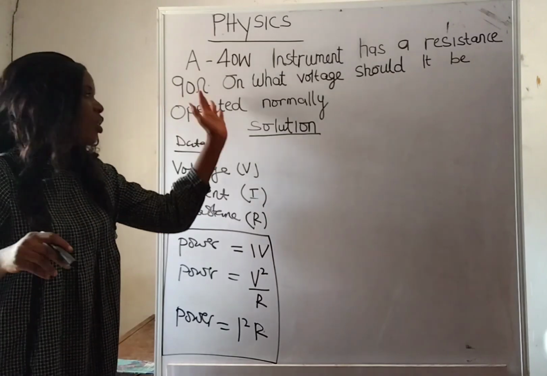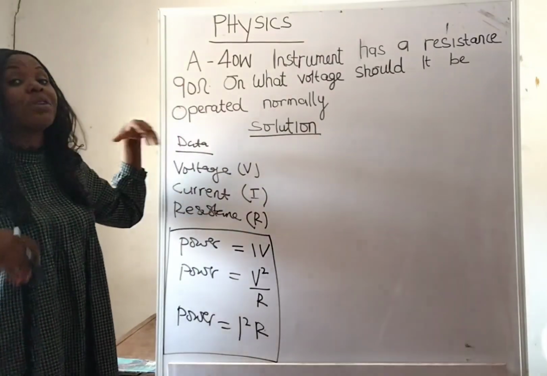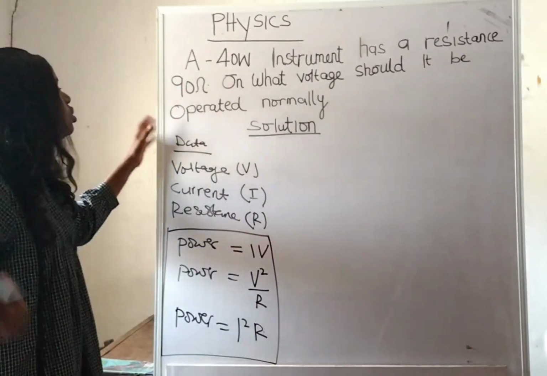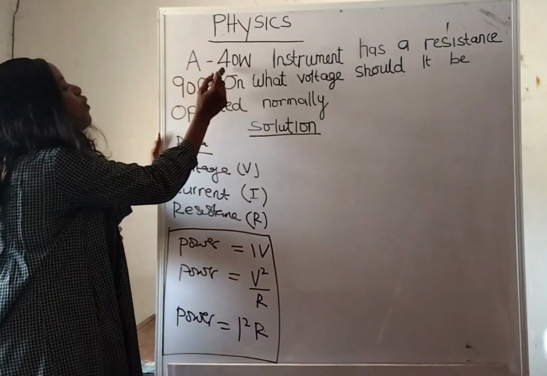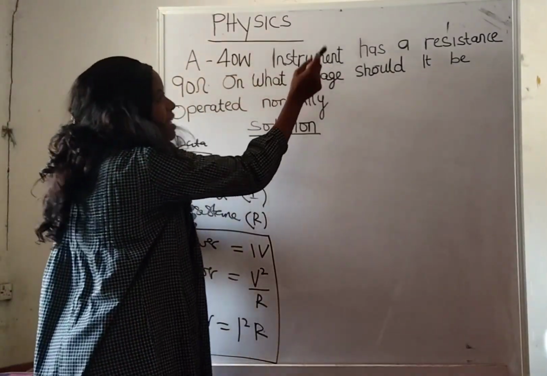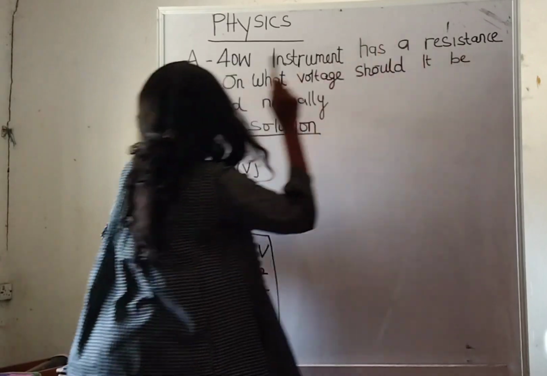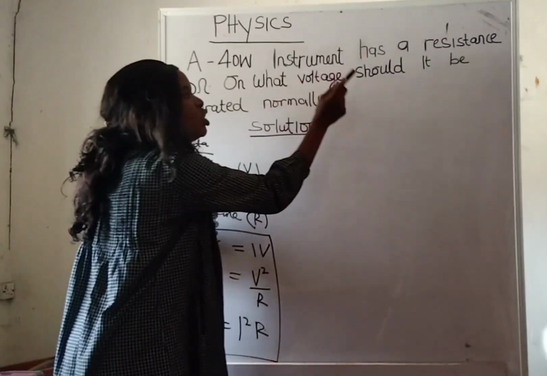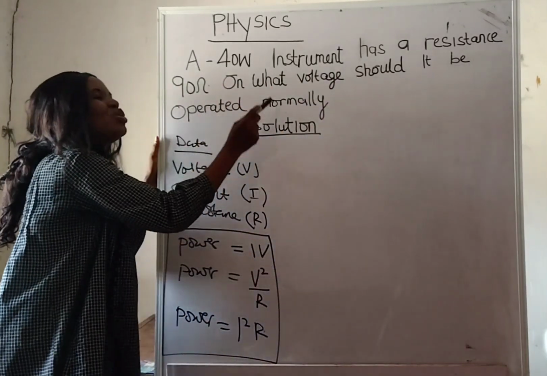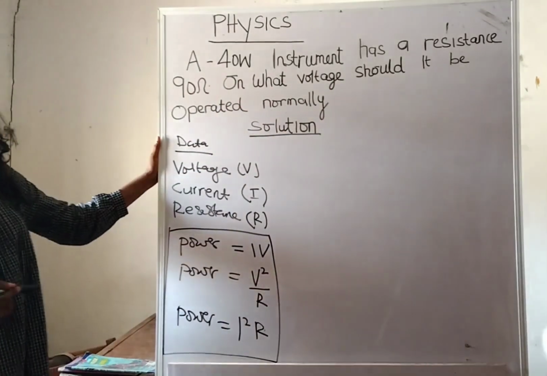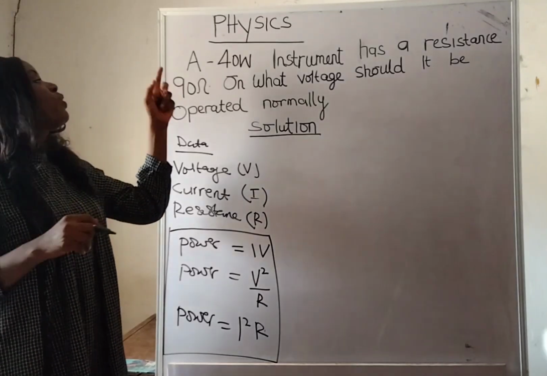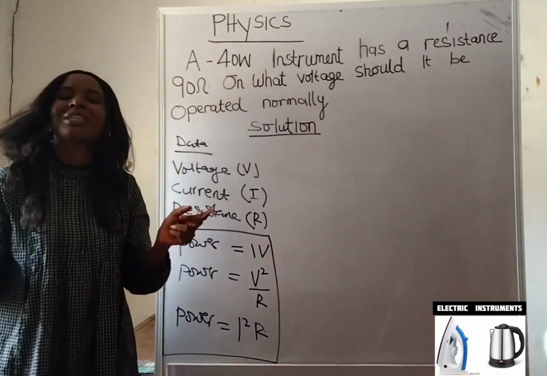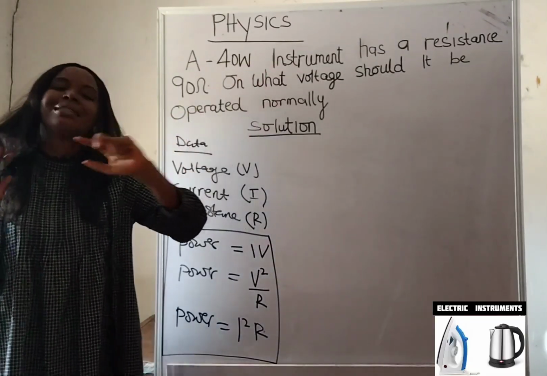Now let's read this question to know what is given to us and what is expected of us to do. I read: a 40-watt instrument has a resistance of 90 ohms. On what voltage should it be operated normally? Just know that the instrument is an electric instrument.